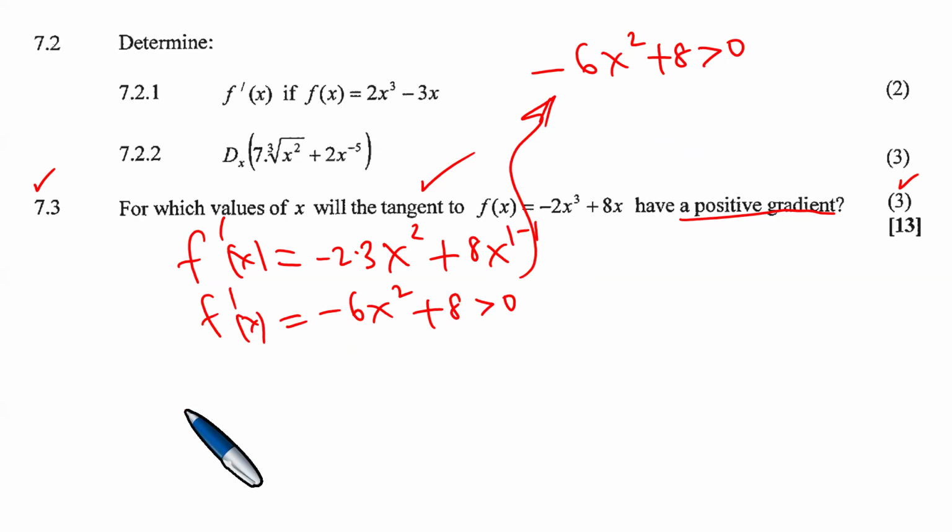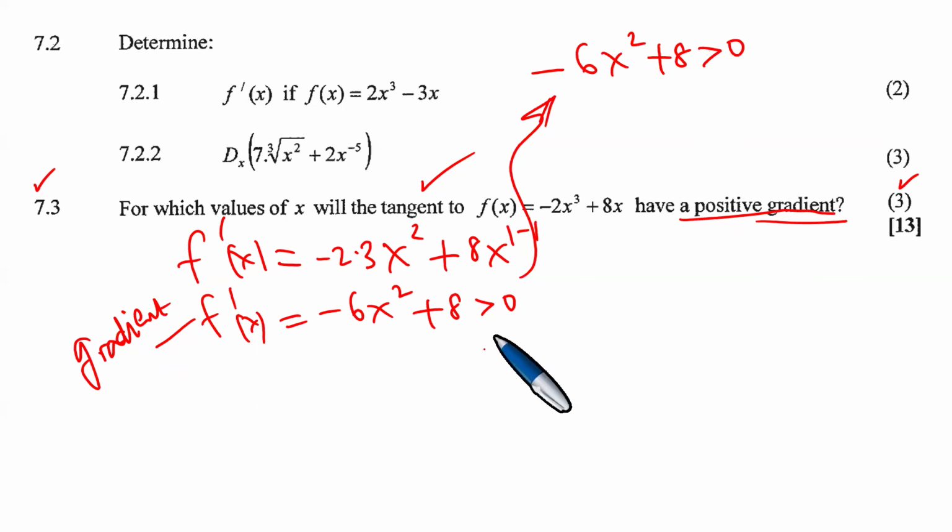So I'm gonna say negative 6x squared plus 8 greater than 0. Yes, greater than 0, because they want a positive gradient. So this is the gradient, but when they ask for positive gradients, you put it like that. If the gradient is negative, then we make it less than 0, and this less than 0 would mean a negative gradient.